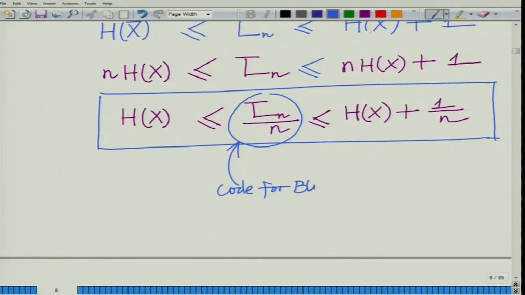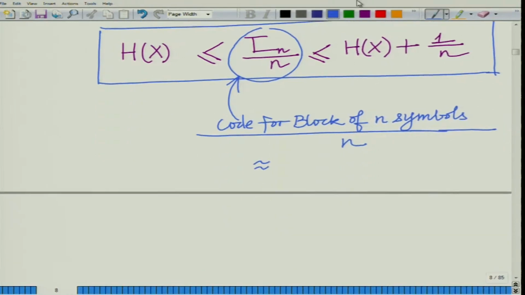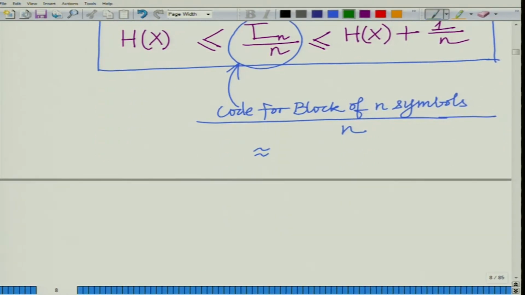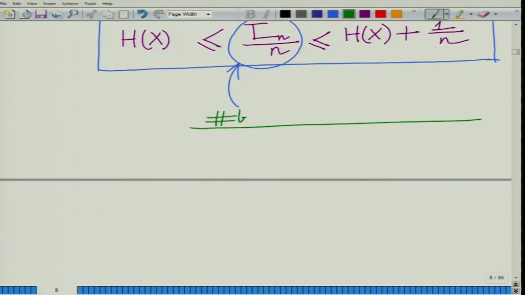Now look at this quantity, L bar n divided by n. This is the code length for a block of n symbols divided by n. You can think of this as the average code length for a single symbol, that is, the number of bits for n symbols divided by n.